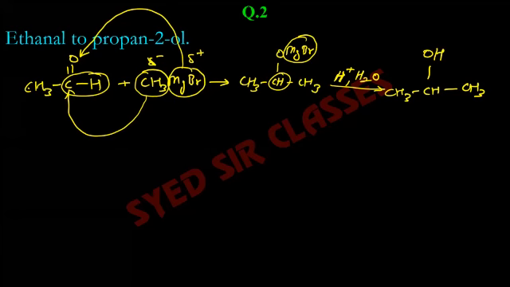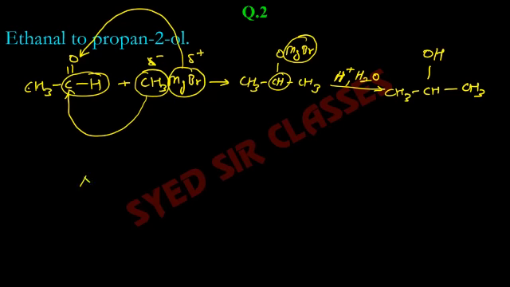Now I'll tell you a few very important things here. When you have to get to OH, because the last step in most cases, for example, when you have to get the alcohol, to get the alcohol directly, suppose no carbon increase is required and it is the same number of carbons, then from ketone to alcohol you will directly use lithium aluminum hydride or NaBH4.